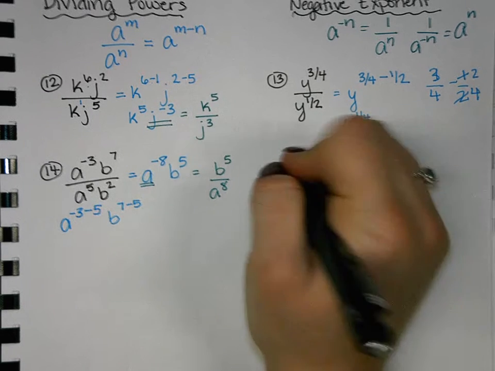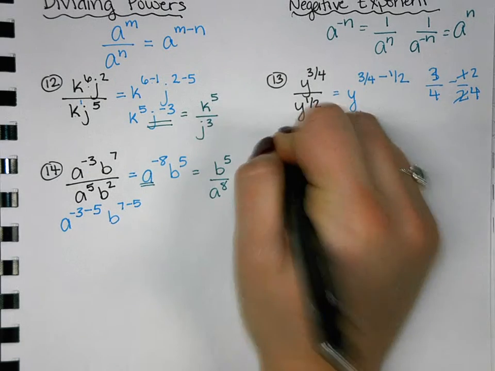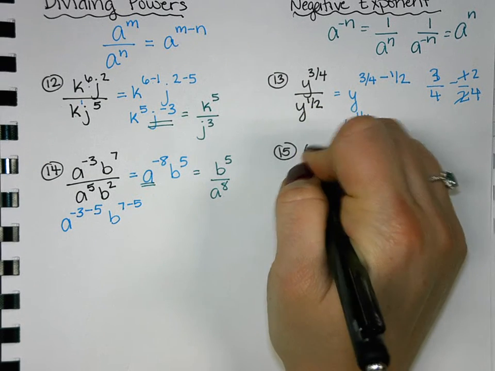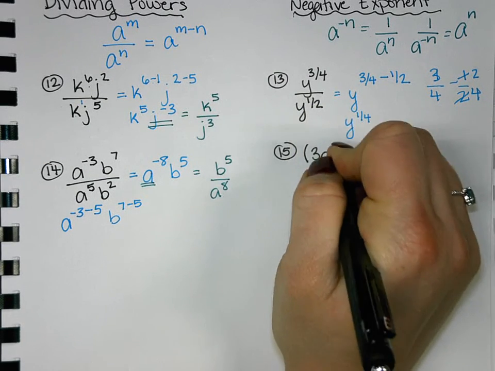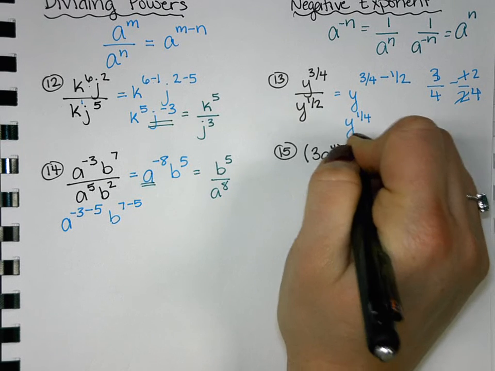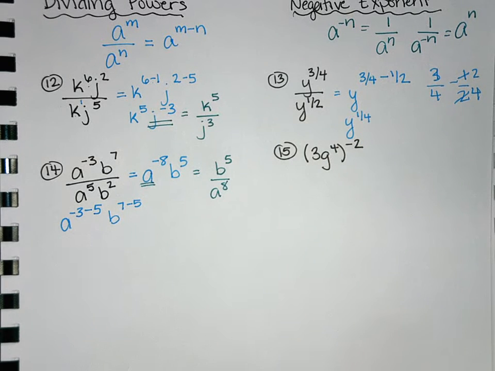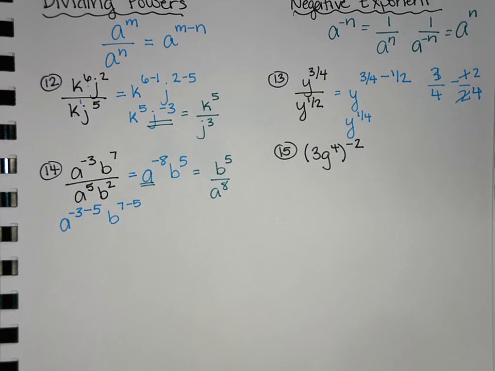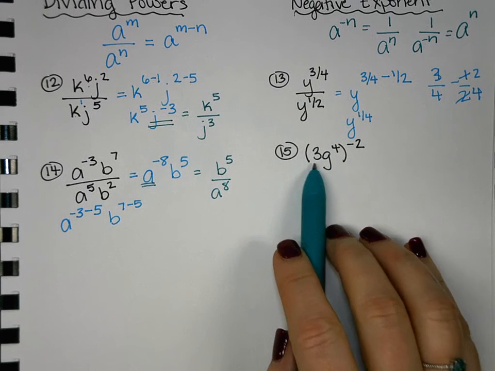Okay, let's do one more here. So here we have a negative exponent, but we also have it outside of a parentheses with a product.